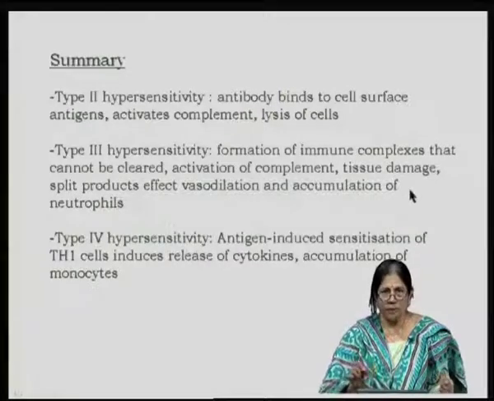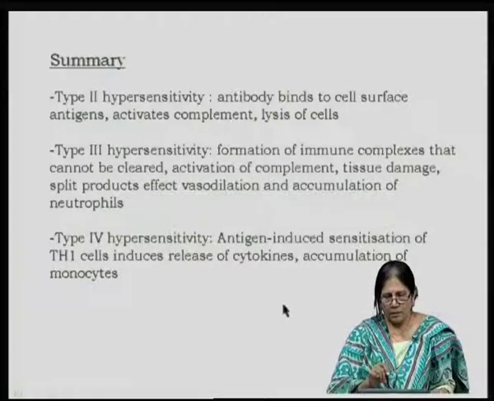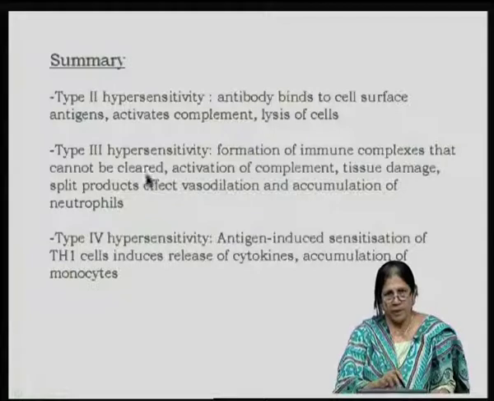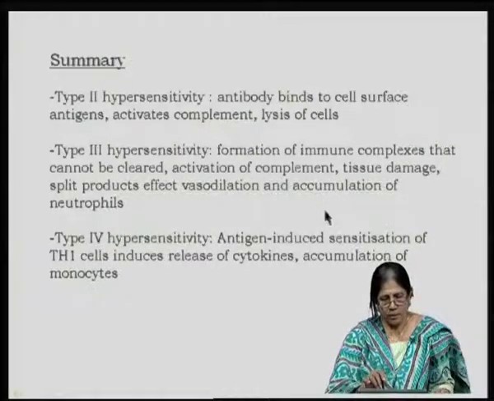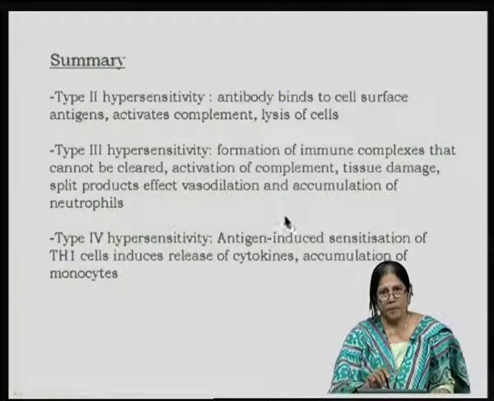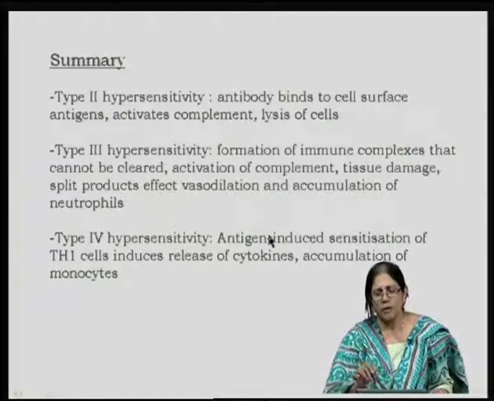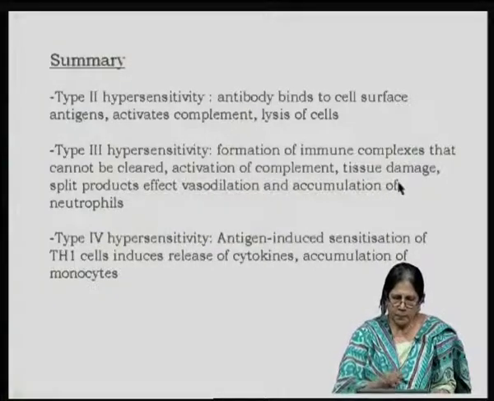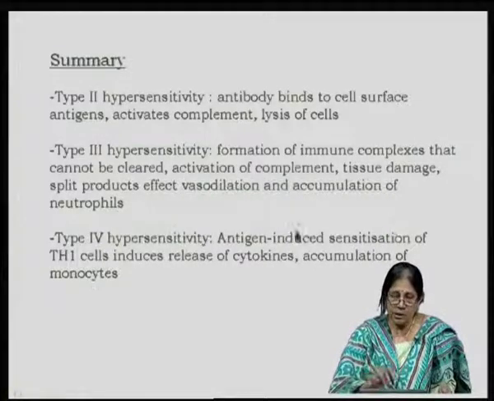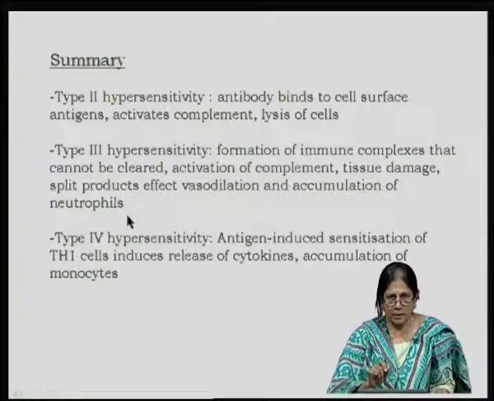There are too many of them to get cleared. Therefore, the complexes get deposited in the body and activate complement. It becomes almost a chronic situation where there is tissue damage, and split products affect vasodilation and accumulation of neutrophils at that site.